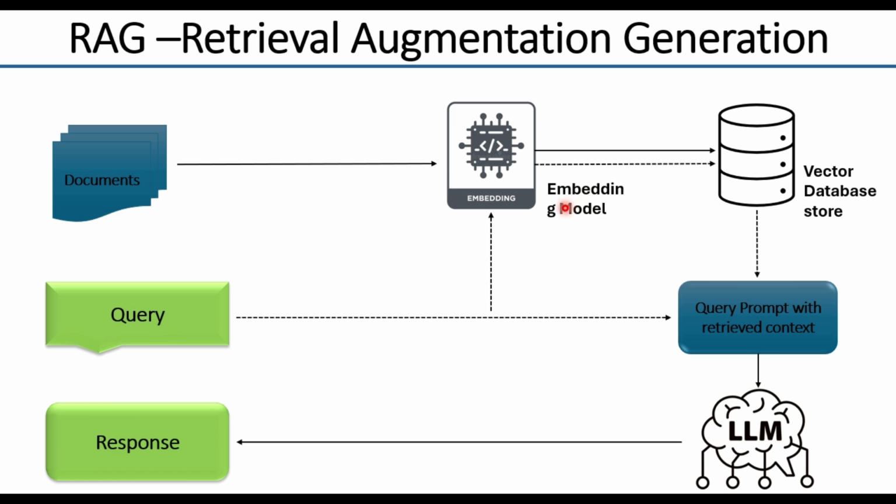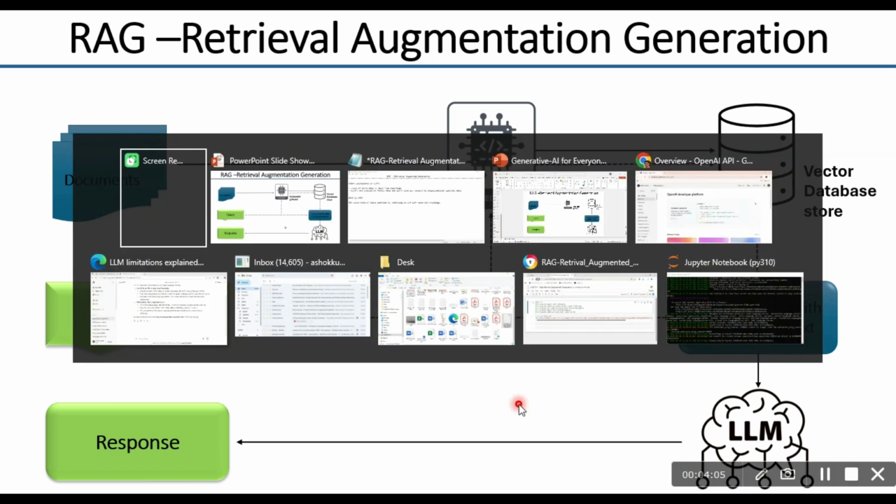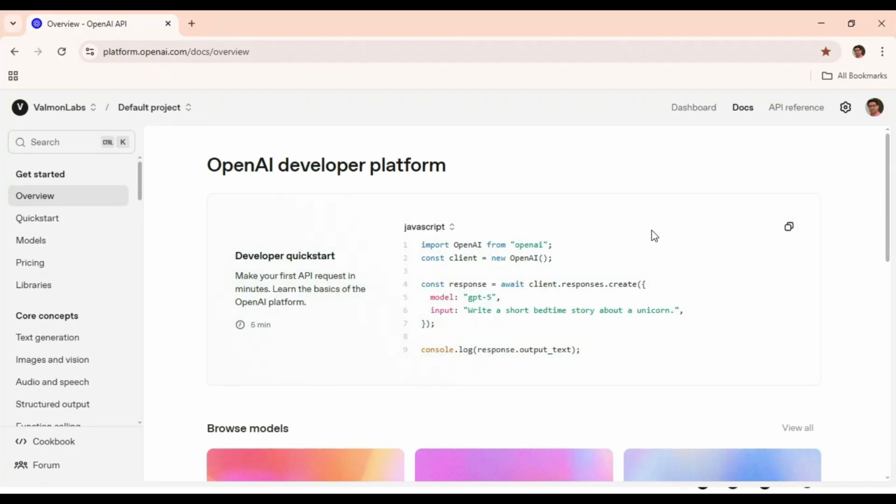Before moving on with that, we need to create an account on platform.openai.com. Let me show you. Friends, you need to open platform.openai.com, and if you already have an account, that is fine.